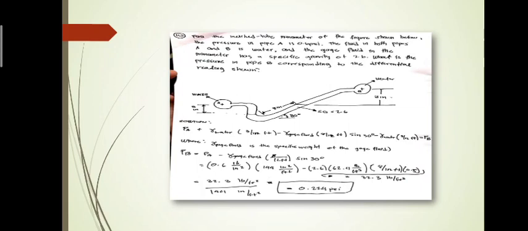Substitute 0.6 pound over inch squared times 144 inch squared over feet squared, minus 2.6 times 62.4 pound per cubic feet times 8 over 12 feet times 0.5, is equals to 32.3 pound per feet squared.